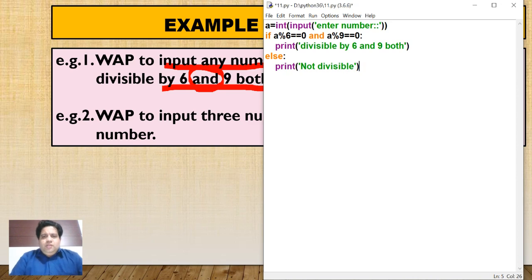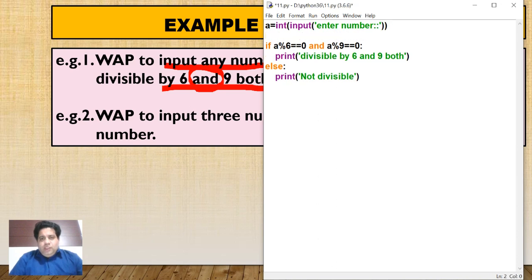See, very simple. Here we have given two conditions after if. समझिएगा if के आगे दो condition दी हैं. One is A mod 6 equal to 0 and other is A mod 9 equal to 0. See, A mod 6 is condition 1 and A mod 9 is condition 2.